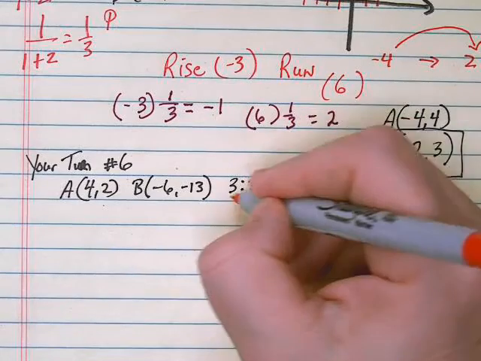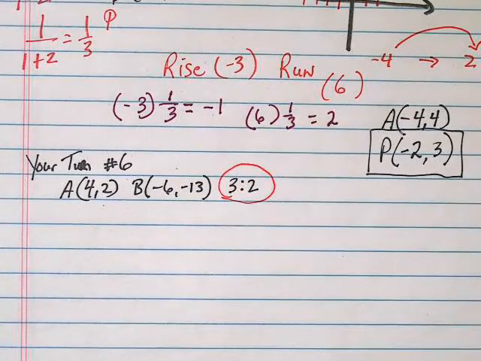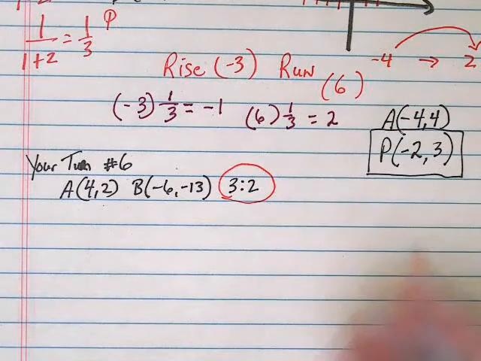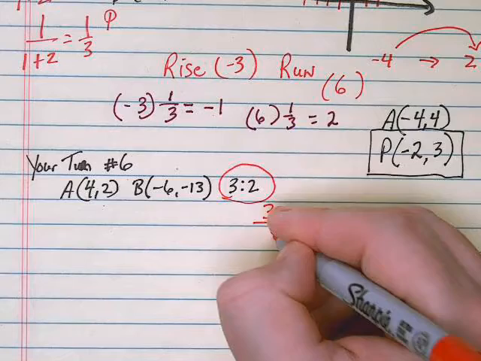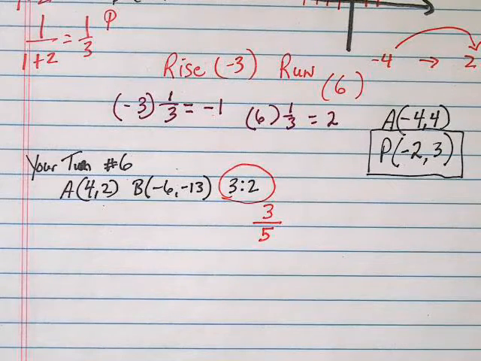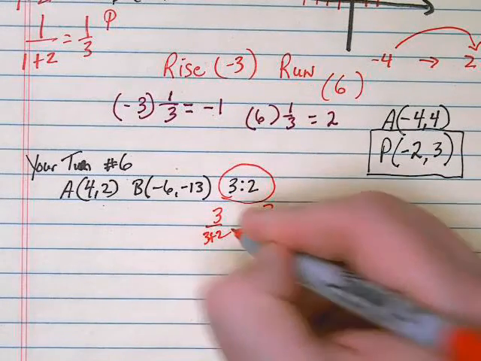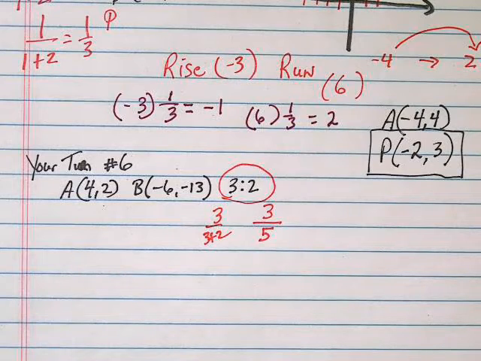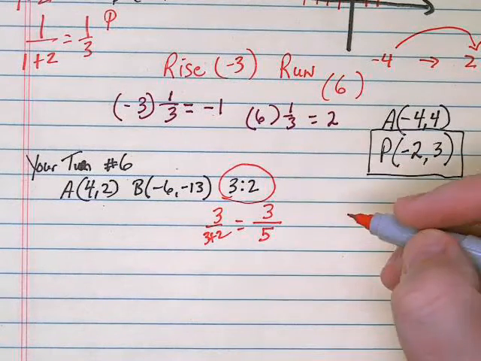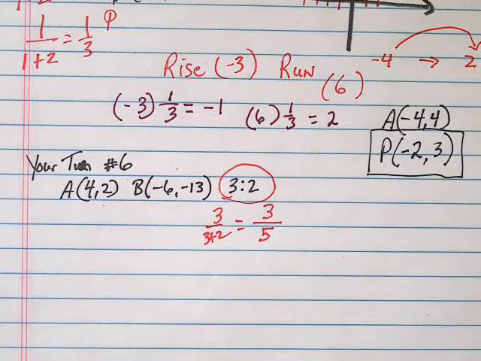The first thing we did is figure out, if it's in the ratio of 3 to 2, what does that mean? That means it's a distance of 3/5. Remember, we went 3 and then 3 plus 2. That's how you find the proper ratio.